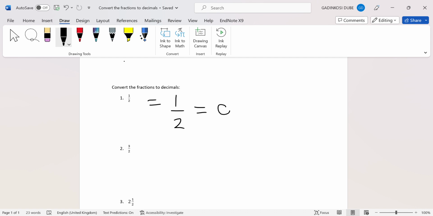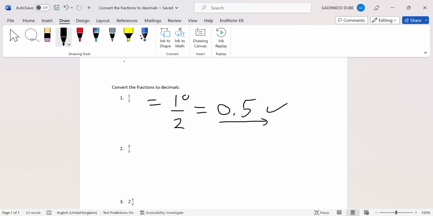It doesn't go, so it's 0 point. Since it doesn't go, then you add a 0 there and say, how many times does 2 go into 10? It goes 5 times. So that's your answer, 0.5. So a half is equivalent to 0.5.